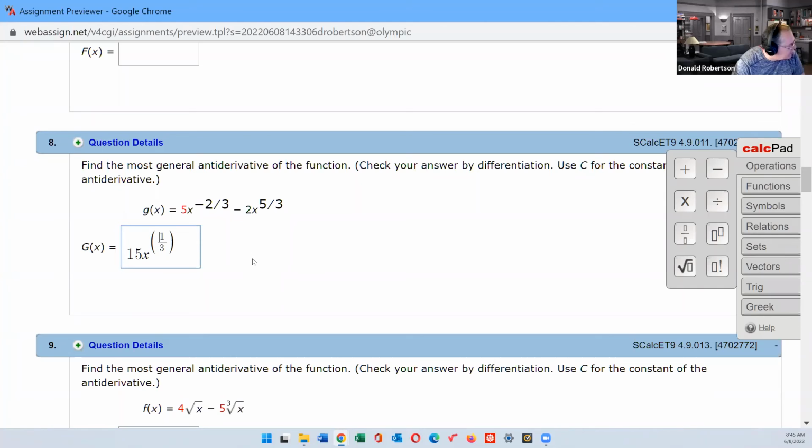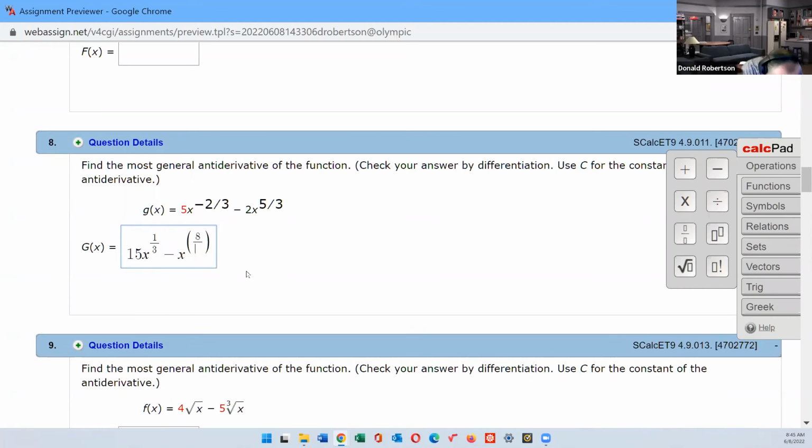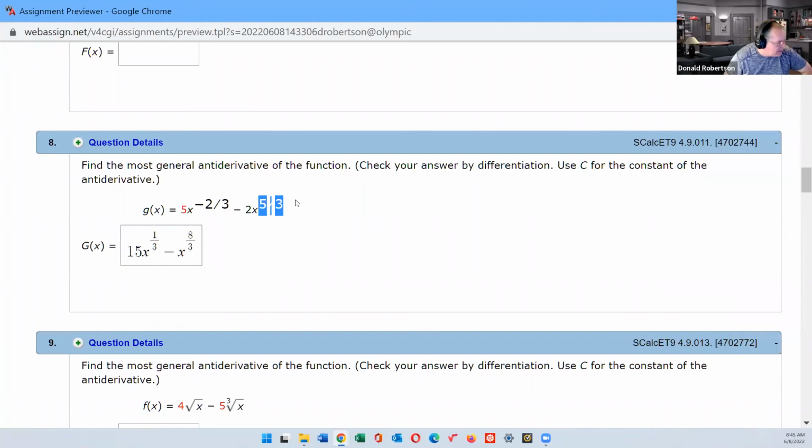I want to try something here. Yay, it looks much nicer without those brackets around the third, doesn't it? Okay, that's the first one done. Now, if you add 1 to 5/3, you'll get 8/3. So I'm adding 1 to the power, 8/3.